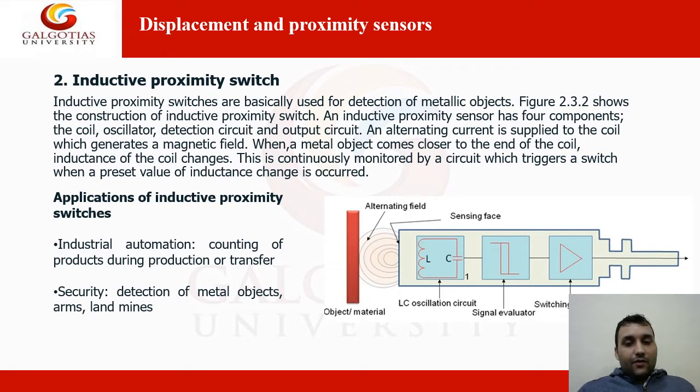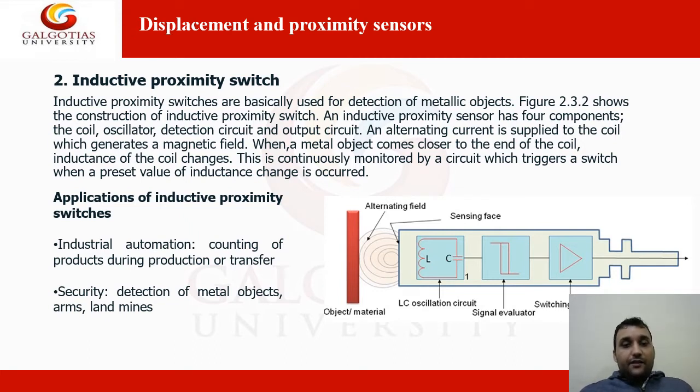So this is the object, and the coil, the oscillator and the detection circuit are there, as we discussed in the last lecture. Alternating current is supplied through this coil, which generates a magnetic field.